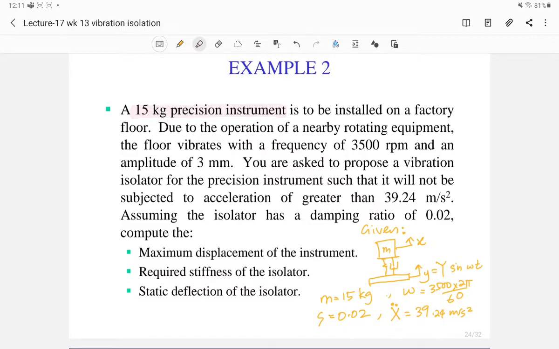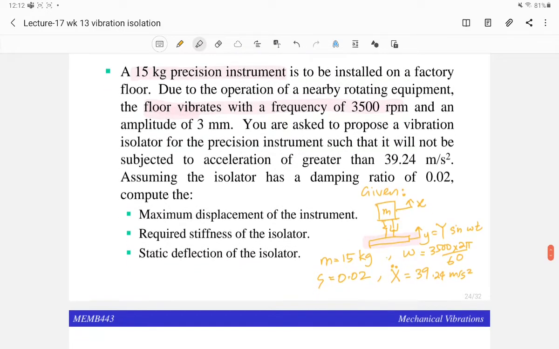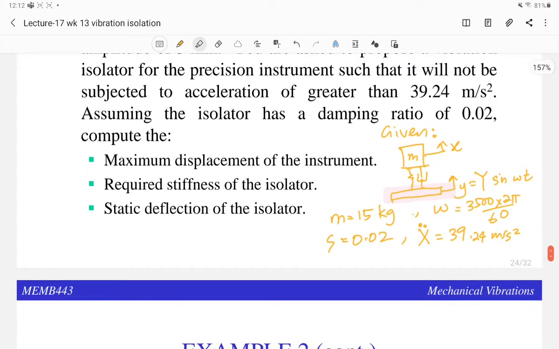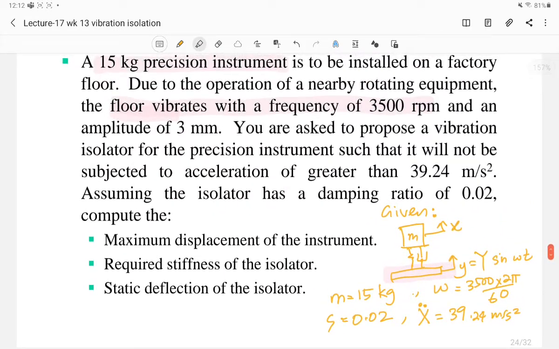Due to operation of a nearby rotating equipment, the floor vibrates with the frequency of 3500 RPM. So you can see that the vibration comes from the floor, not from the instrument. So this is a base motion problem, the second case.